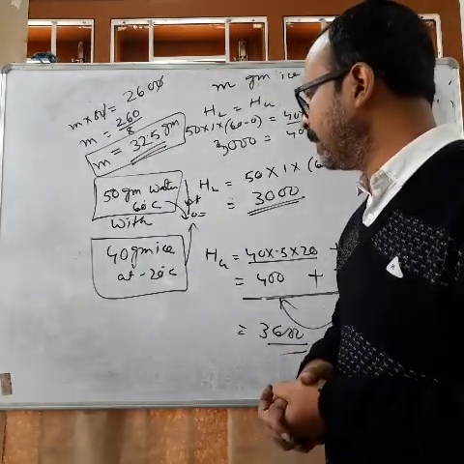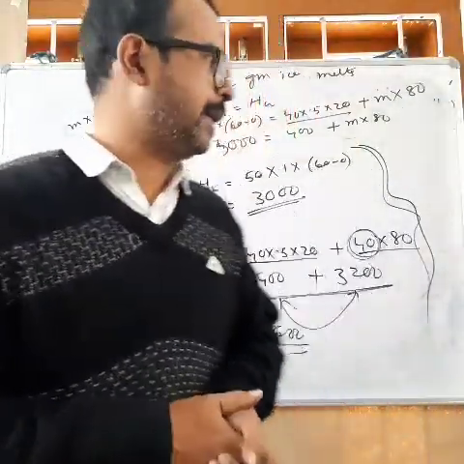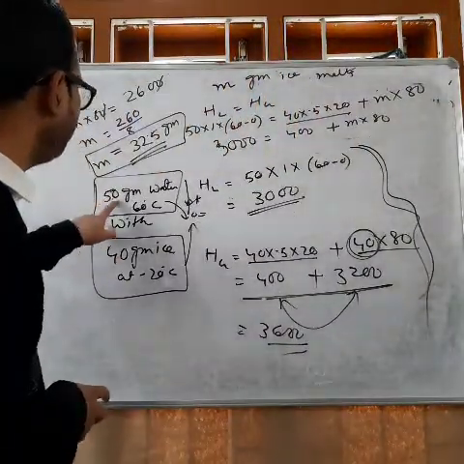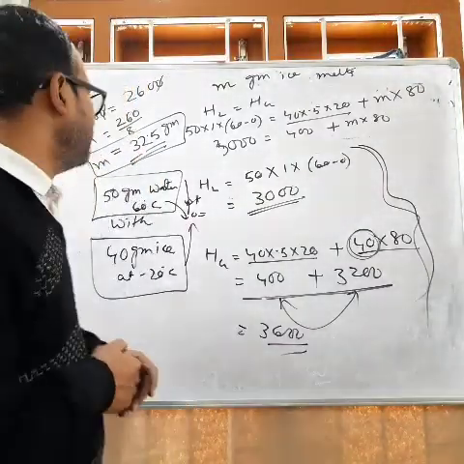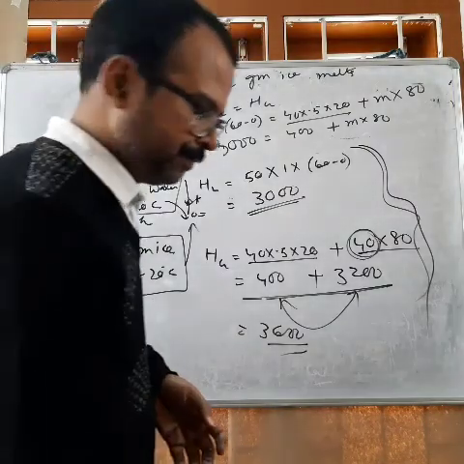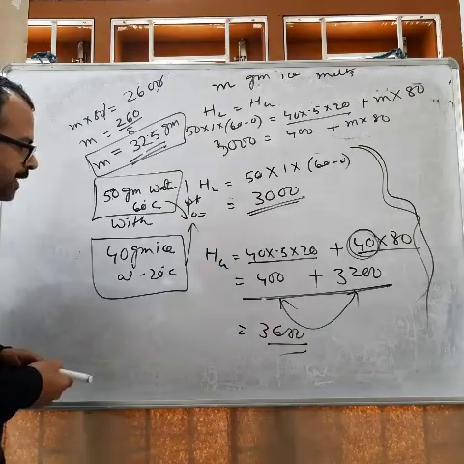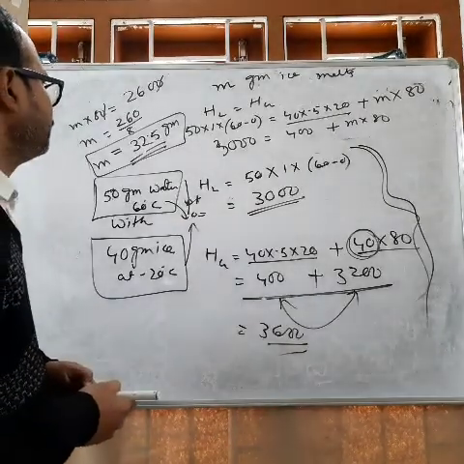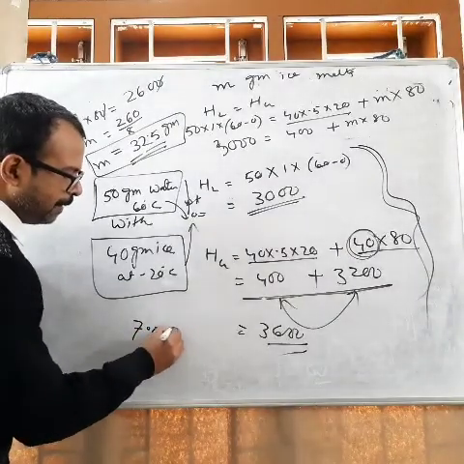So amount of water present in the mixer is already 50 plus 32.5. Amount of water present in the mixer is 82.5 gram. And mass of ice present in the mixer is 7.5 gram.